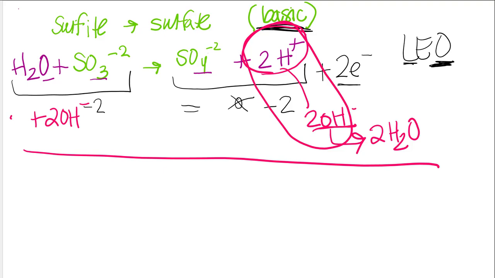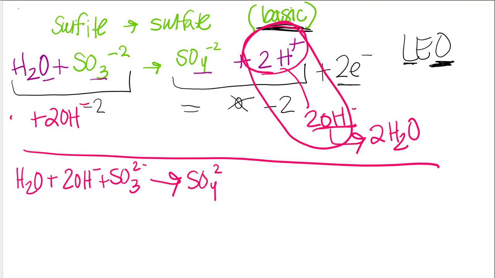I've got on the left-hand side, I'm going to bring my arrow down. I've got a water, I've got 2 hydroxides, and I have my sulfite, SO3 2 minus. On the right side, I have sulfate, SO4 2 minus. I have 2 waters, and I have 2 electrons.